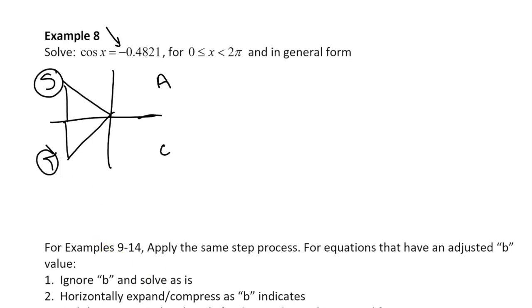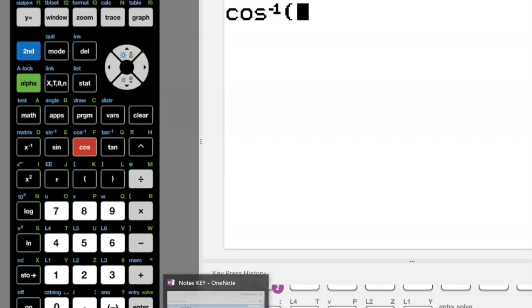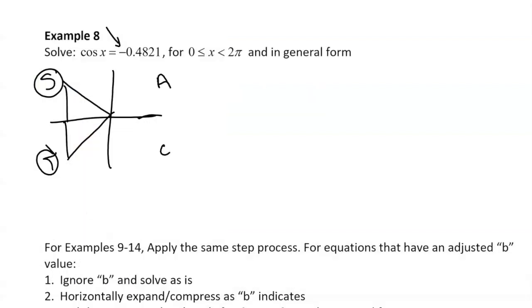And so if you take your calculator, make sure you're in radian mode, and you say, well, what would happen if I did inverse cosine of -0.4821? If I did something like that, it would be okay. The problem is I would get my solution for quadrant 2, but it wouldn't tell me necessarily what my reference angle is.